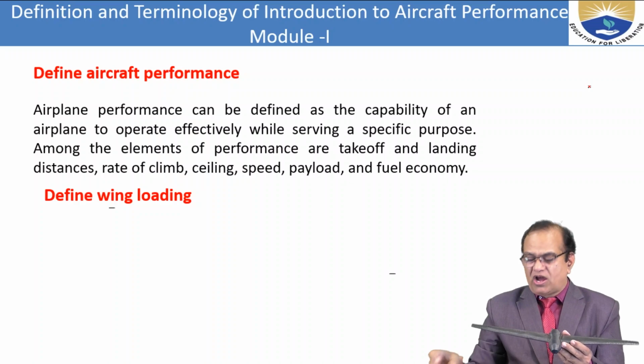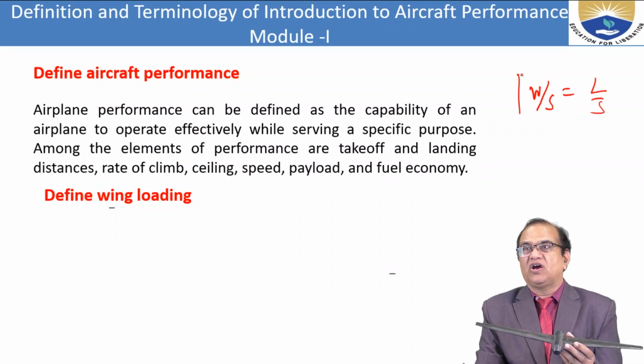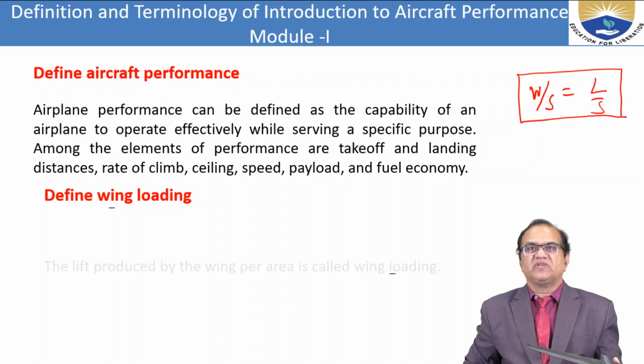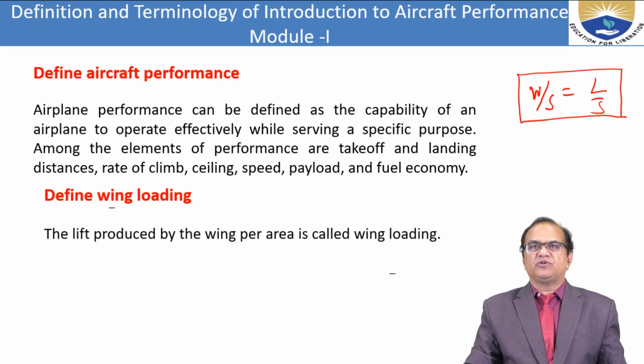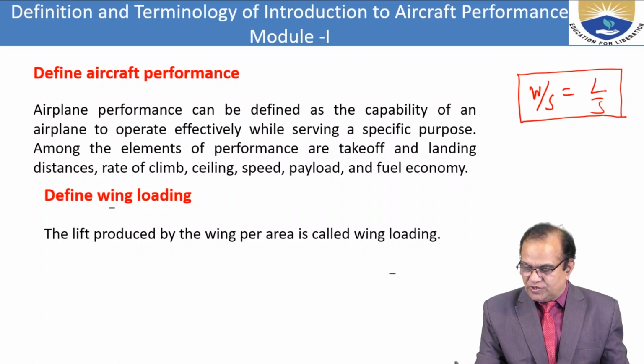So wing loading is equal to W by S or L by S. This is called the wing loading, a very important parameter for aircraft design. The lift produced by the wing per unit area is called the wing loading, where S is the area and L is the lift.